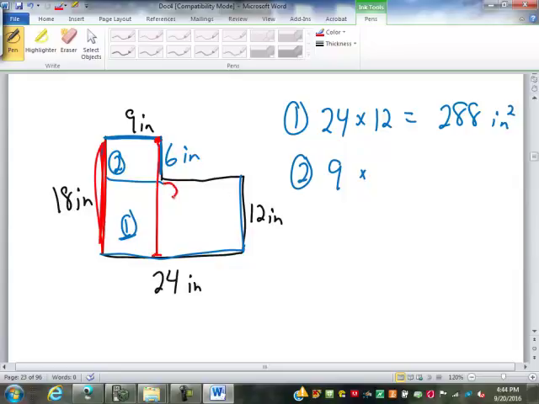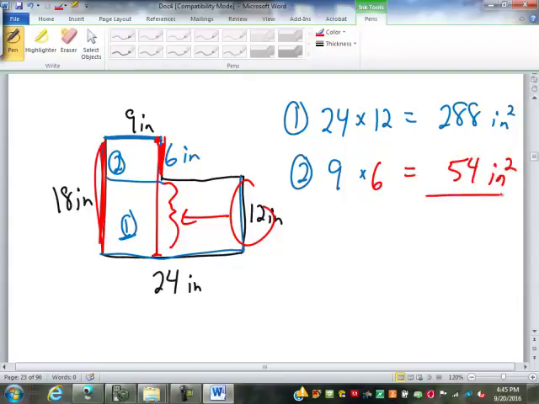If this piece is 12, this piece has to be 6 to add up to 18. Everybody see that? Anybody have questions on where that came from? Okay. So that is 6 inches there. 9 times 6 is 54 inches squared. And that adds up to make 342 inches squared.